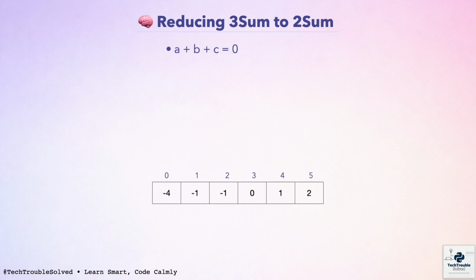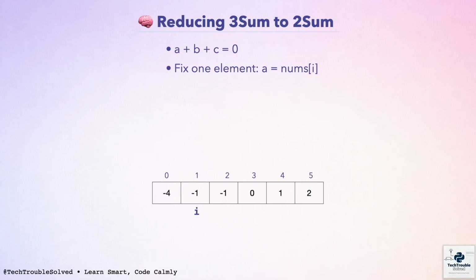Now let's look at the key idea that makes this problem efficient. We are given the condition a plus b plus c equals 0. Instead of trying all possible triplets, we can simplify the problem. First, we fix one element from the array. Let's call this element a, which is nums[i].